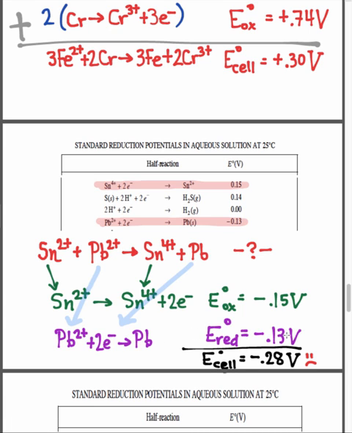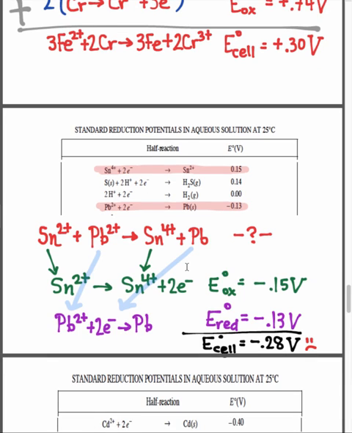That's listed in the table as negative 0.13. But this one's listed in the table backwards as a reduction. So if I'm curious to know if this will happen in this direction as an oxidation, I need to take that 0.15, since this is backwards, and make it negative. I add the two together and find a very negative cell potential. So guess what? That's not going to want to happen in a spontaneous way.